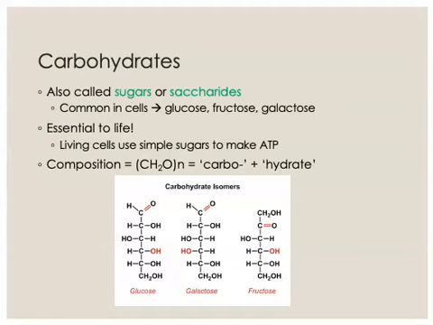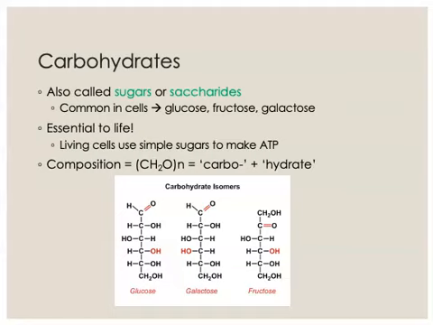It turns out that carbohydrates or sugars or saccharides are quite common in living cells. Things like glucose and fructose and galactose are abundant. In fact, carbohydrates are absolutely essential for cells to survive.